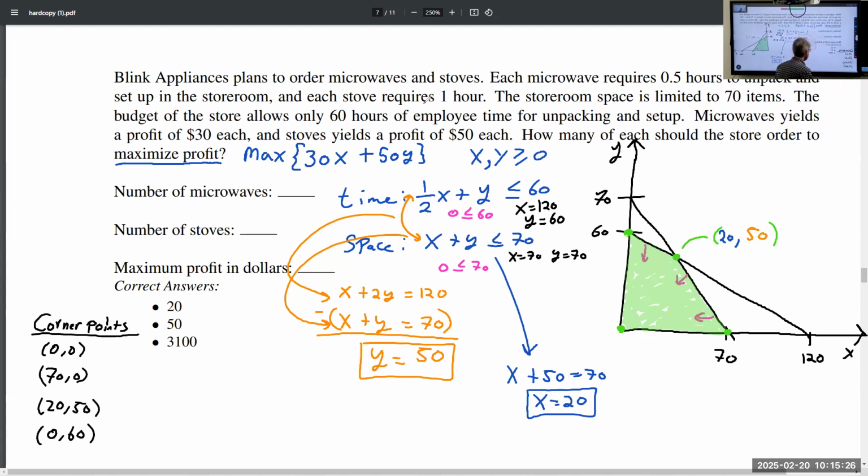Okay. 0, 0 is pretty easy to calculate. That's 0. 70 times 30 would give me 2,100, I think.